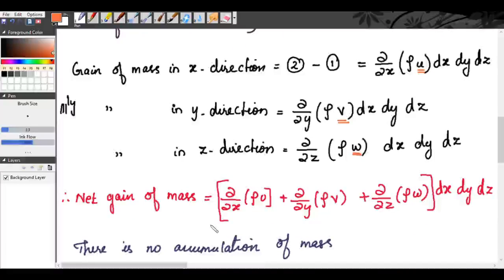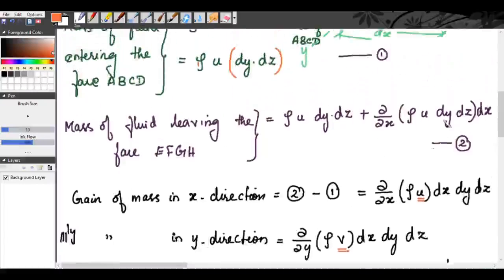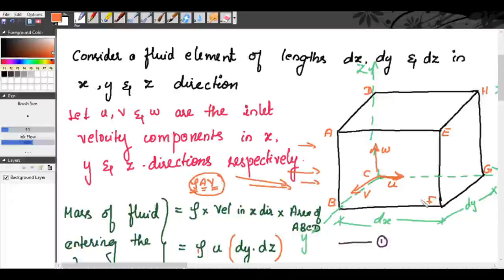So your net gain of mass, see, this is three-dimensional flow. Your fluid component is a three-dimensional component. You have x direction, y direction, and z direction.